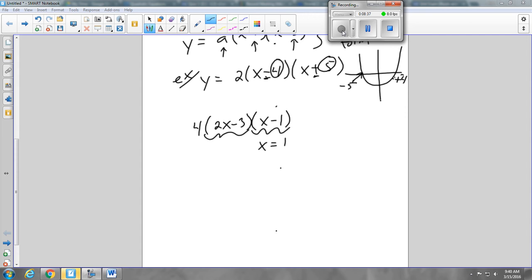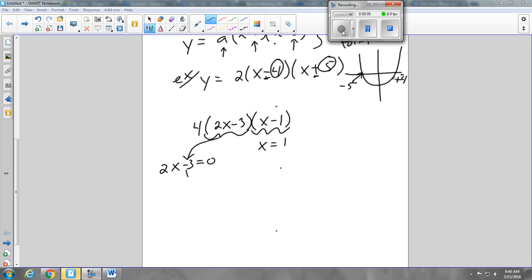This 2x minus 3 might not be as obvious right off the bat, because you have to multiply 2 and x. What we're going to do is actually just make it equal to 0 so we can see what it is. So let's go 2x minus 3 equals 0. Now we can do a little bit of algebra. I'm just going to solve for x in this mini equation.